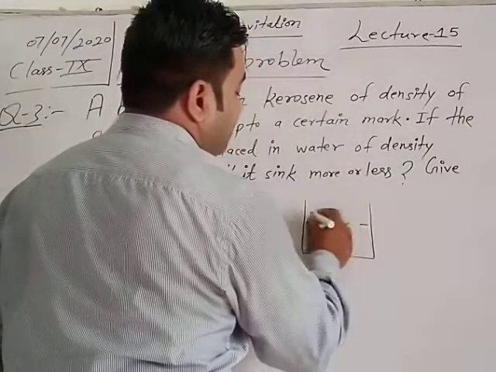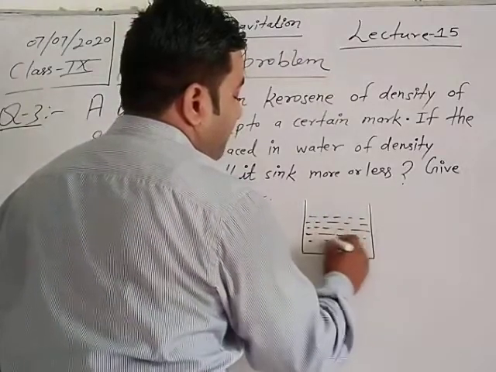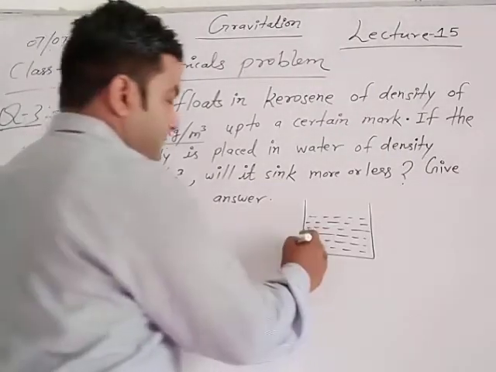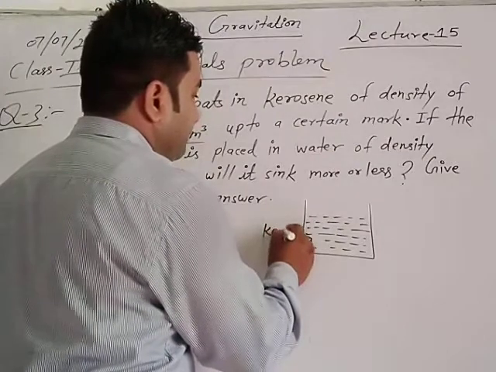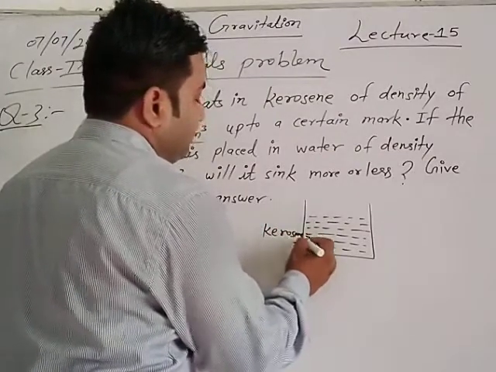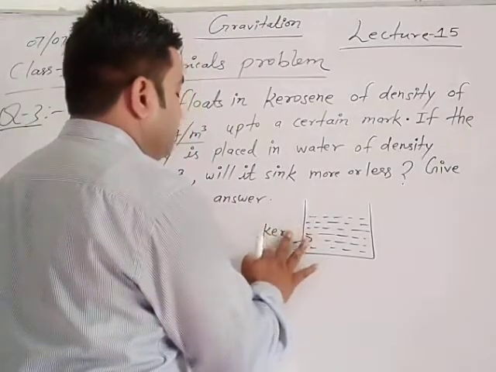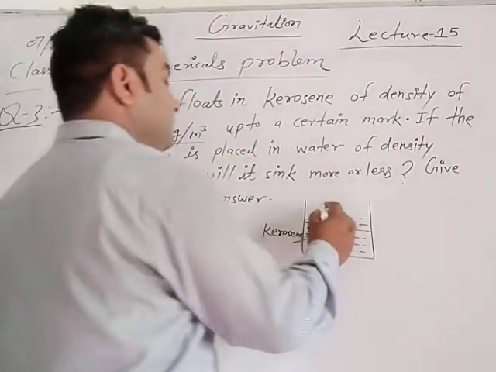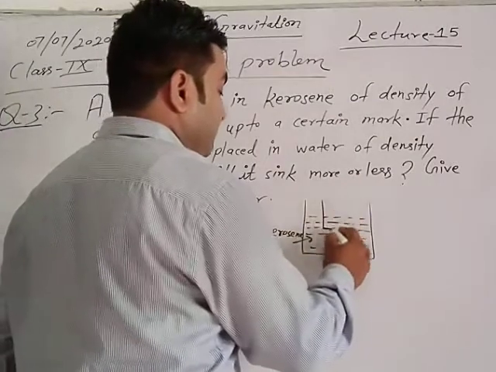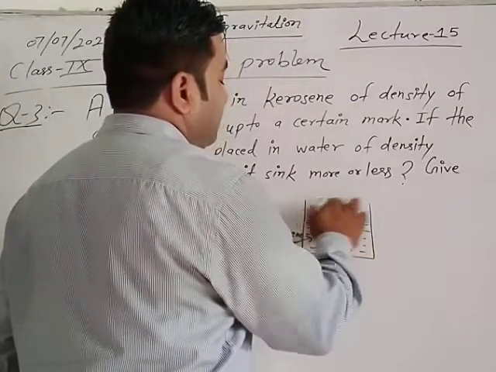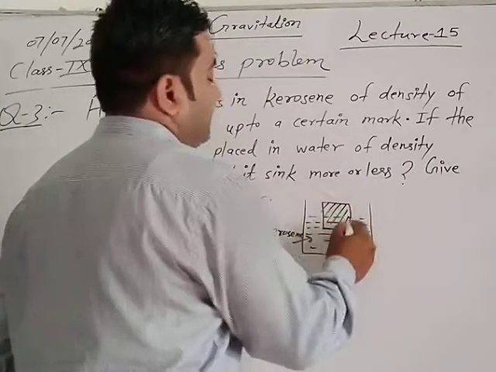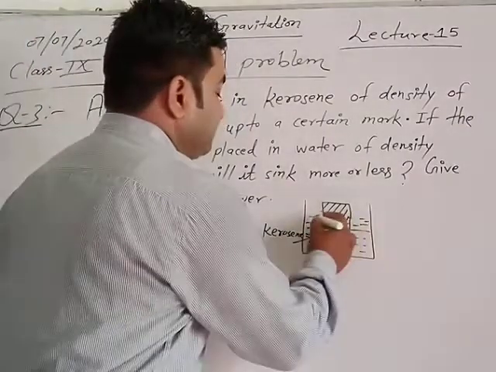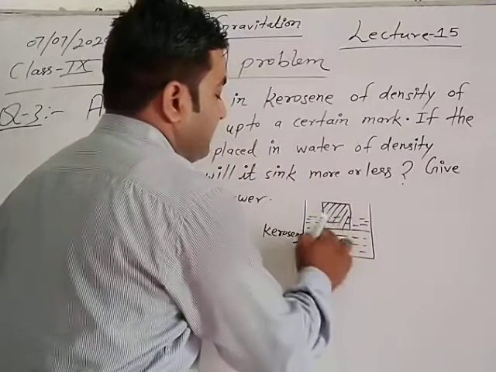Here in this bucket, this is kerosene and a body that is floating, under the condition that half part is above the kerosene upper level and half part below the kerosene upper level.